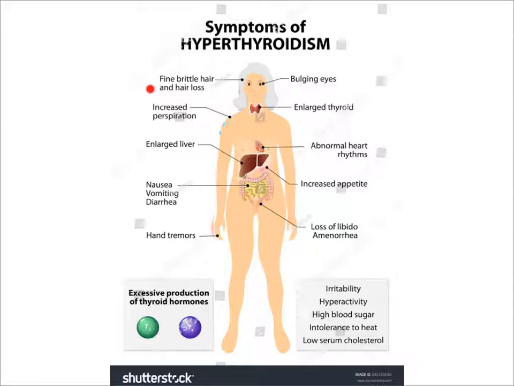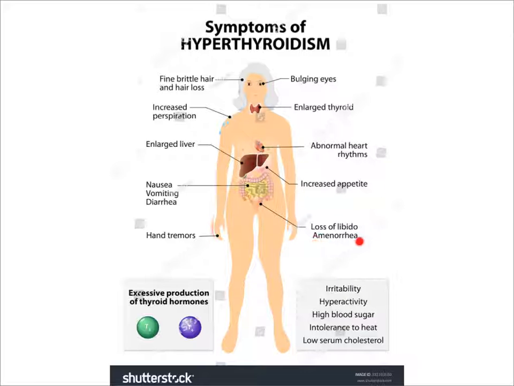Again, fine brittle hair and hair loss is symptomatic of both of them. Here it's because you basically rush a job, you get a lousy job. You're not spending enough time on the hair to make the hair well, and so it ends up being brittle and easily broken.